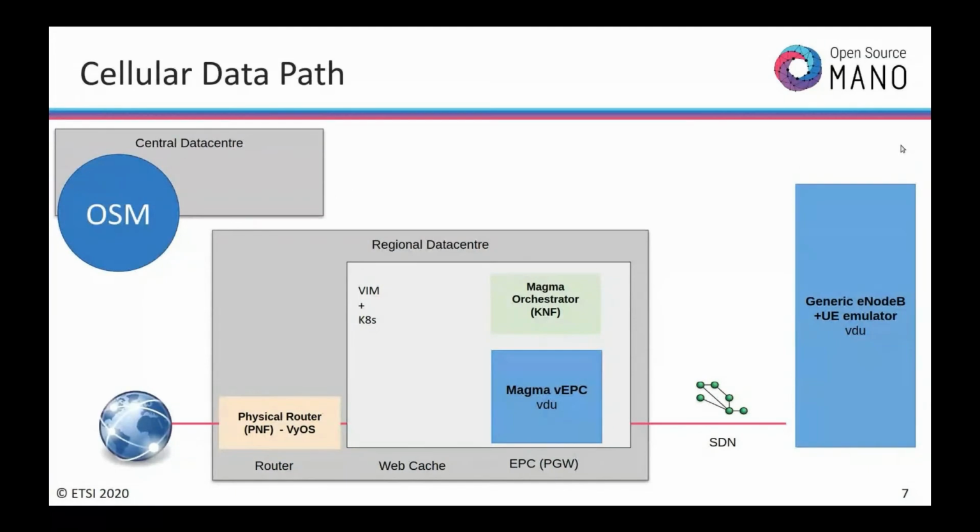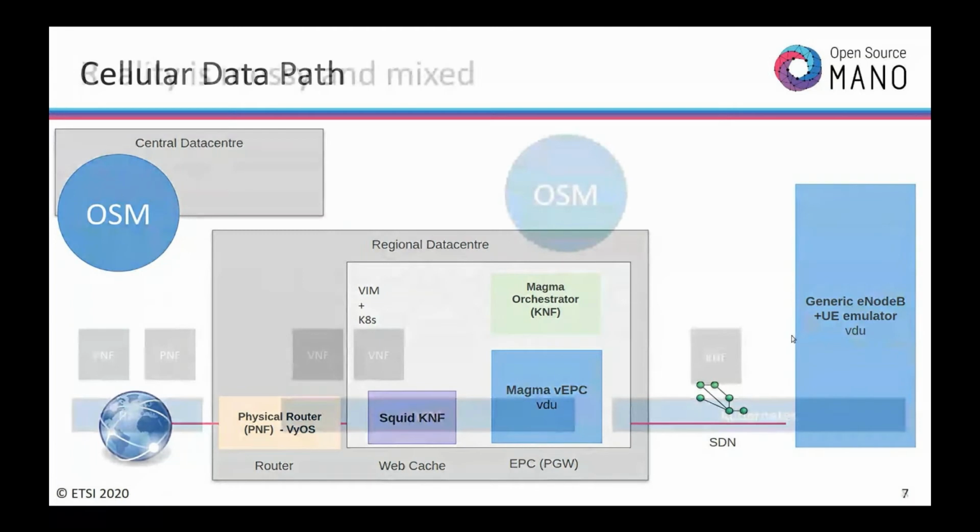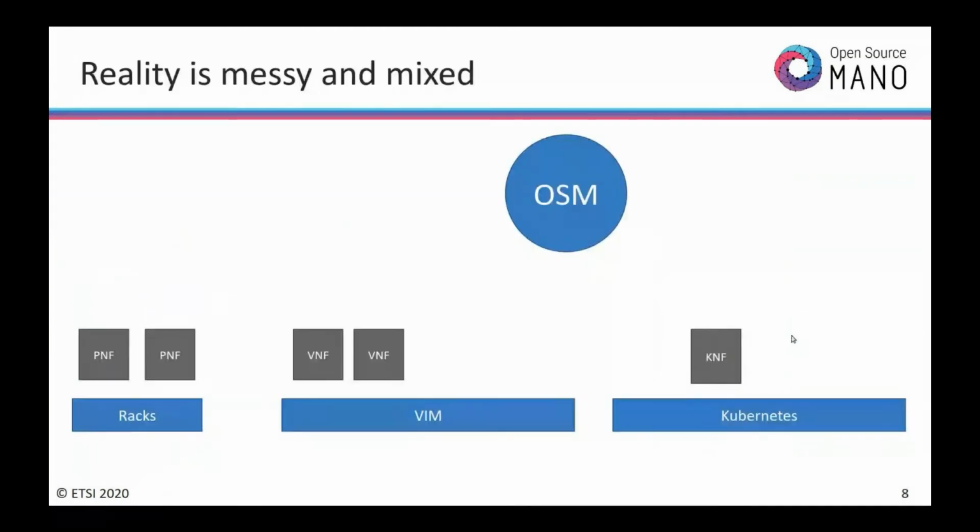So reality is messy and mixed, because we're going to have to deal with existing things, perhaps some new VMs, perhaps some mix of Kubernetes. There's going to be different networks tying these things together. There's going to be different ways of accessing these things. You're not going to be able to use kubectl to talk to a physical network function.